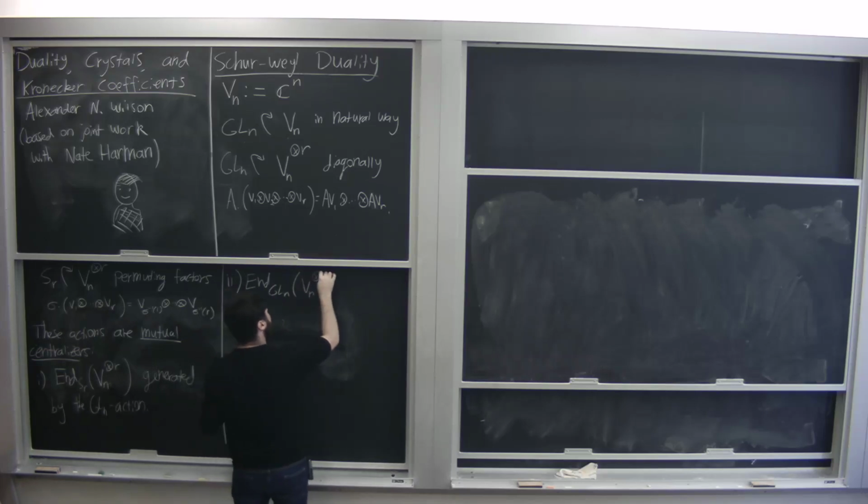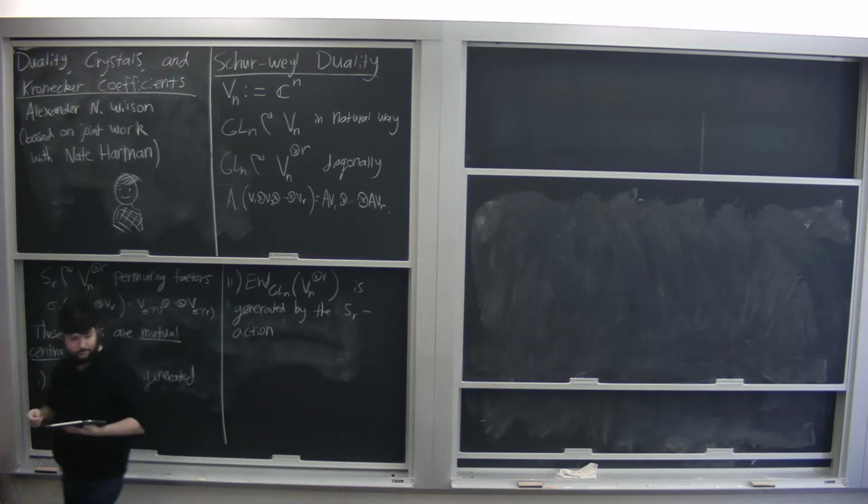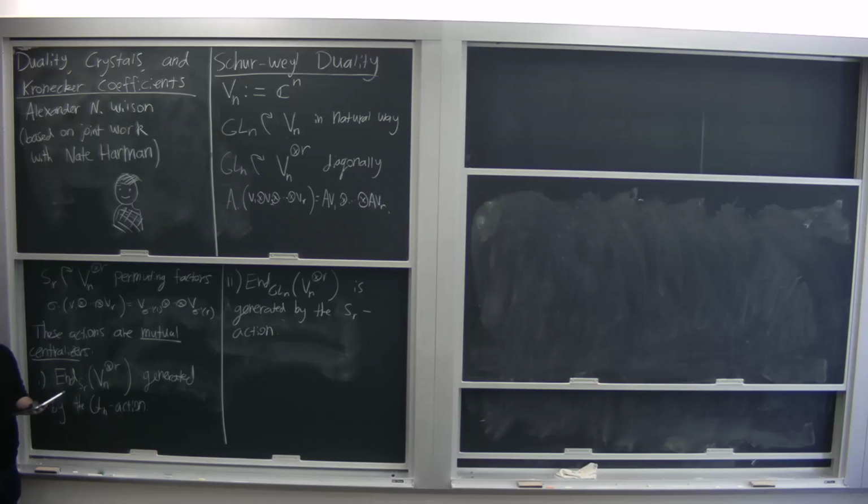If I look at all of the endomorphisms of this tensor power that commute with the GL_n action, this is generated by the S_r action. Okay, so in a sense, these two actions determine each other. If you know what one of them is, you can figure out what the other one is by just asking, what's everything that commutes with this?